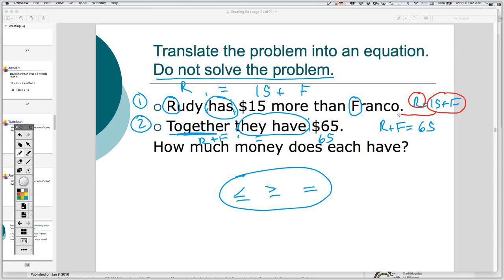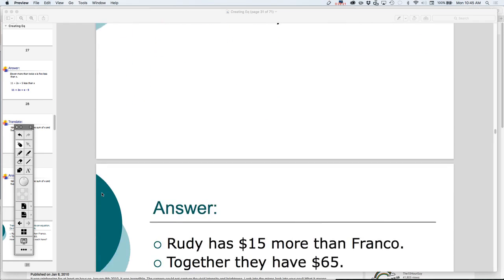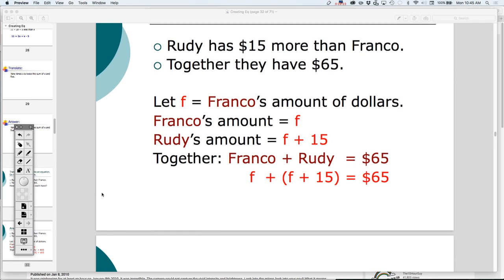Right now, we're just focusing on translating it. So this is the same stuff here, and they even show how you would plug it in. So he took the Rudy part, put F plus 15. You get 2F plus 15 equals 65. Solve for F, and so on.